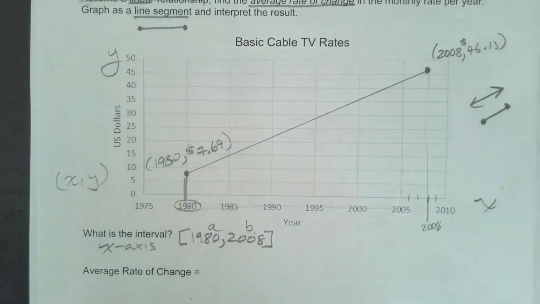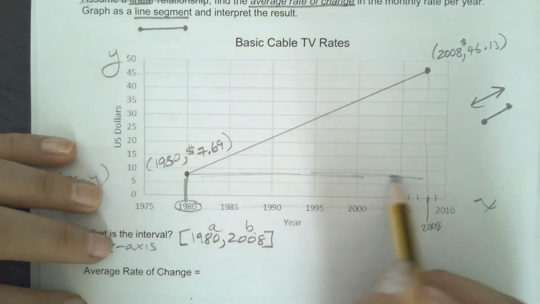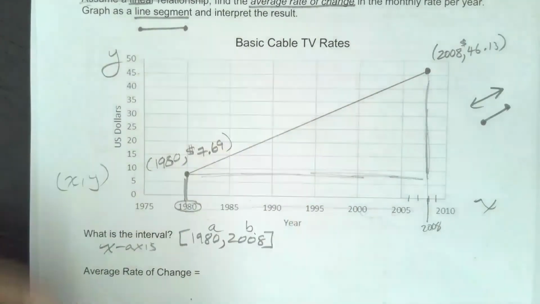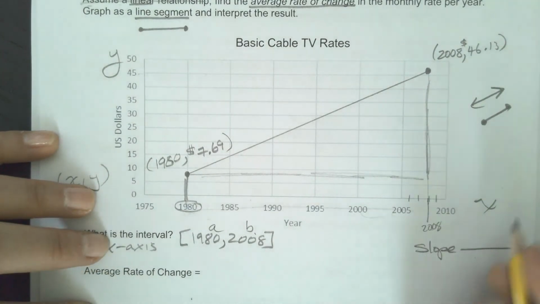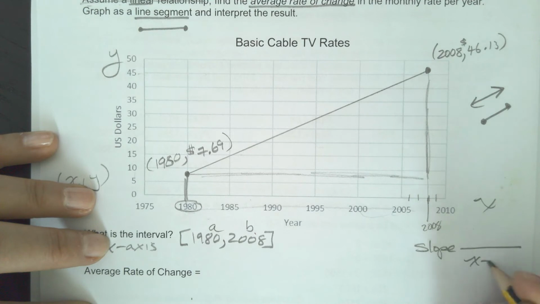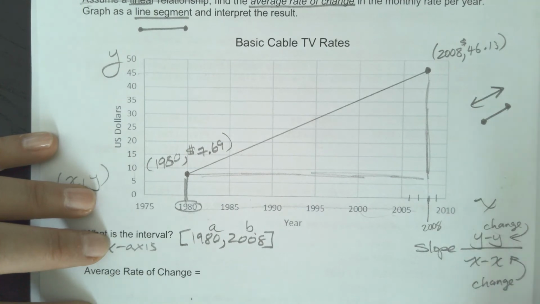Okay? So now I'm going to show you how to do it without the formula. Now remember, slope is the change. You subtract your x's on the bottom and the y's on the top. So this is the change in the y's, and this is the change in the x's.